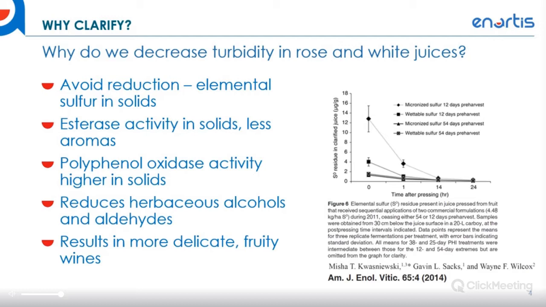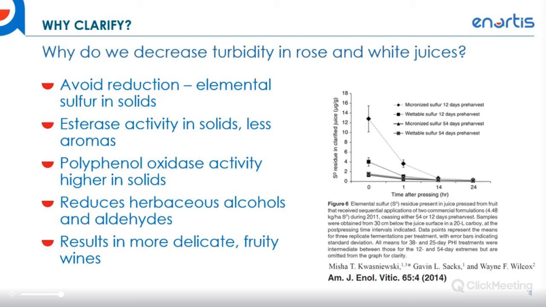And what's been found through work that was done by Kwasniewski and Gavin Sacks, Wilcox, at Cornell was basically looking at the residual levels of sulfur and also the effects of solids on the residual levels of sulfur. So basically what they found is the more clarified a juice is, the less residual sulfur is present in the juice.